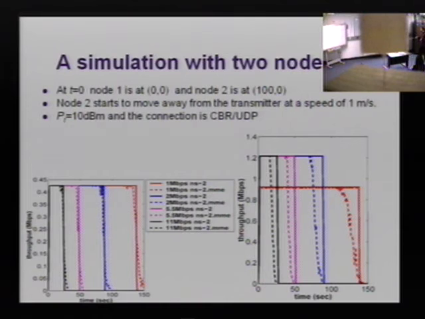But if we repeat the same experiment with 1,500 byte packets, we see that there's no change in range in NS2, but in our model the range is smaller because there's no coding. If you have a longer packet, it's much less likely to decode it correctly. And also it's the same for smaller packets. For example, if you look at the range of an RTS packet, it will be higher than standard NS2 in our model.